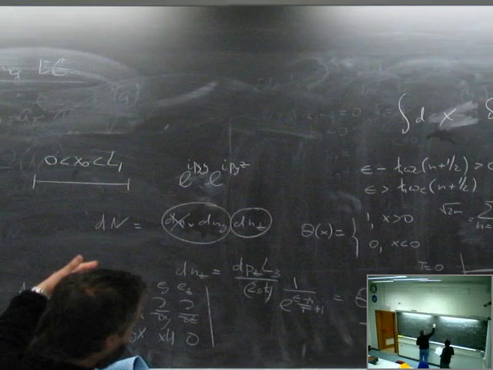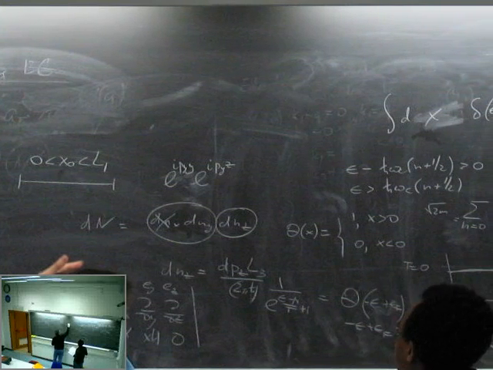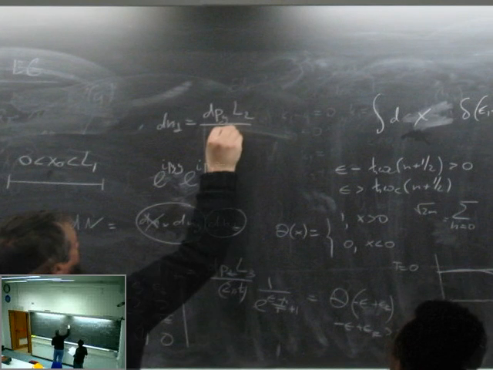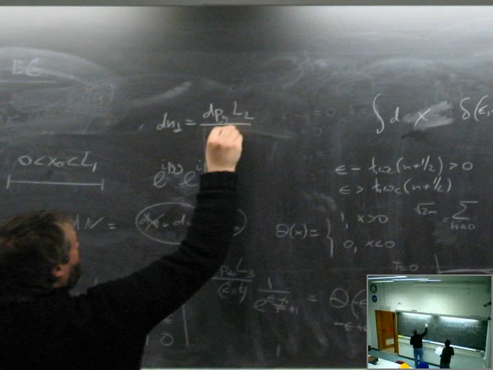But dn_y is equal to dp_y L2 over 2 pi h. This means that c p_y over eH is between 0 and L1.